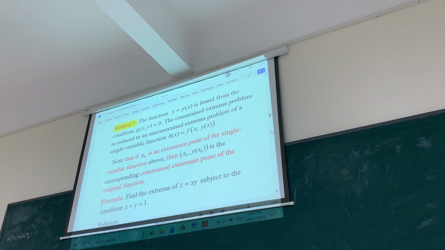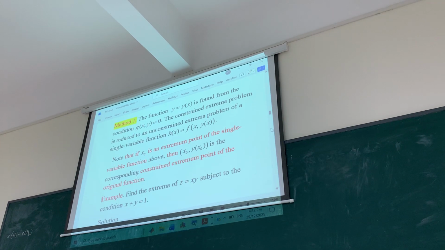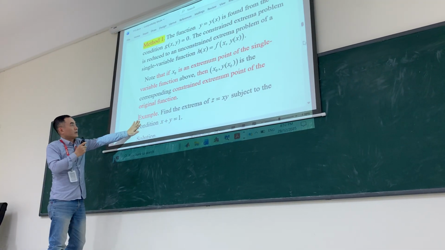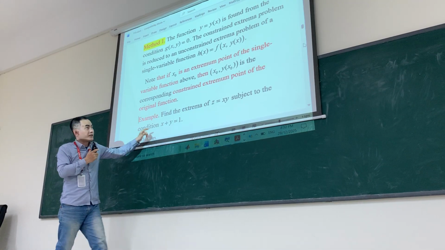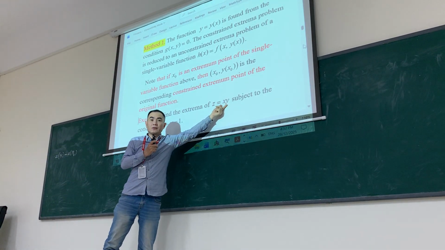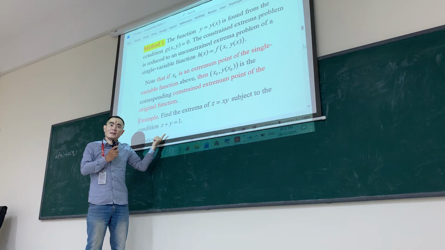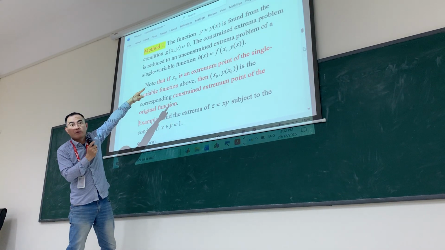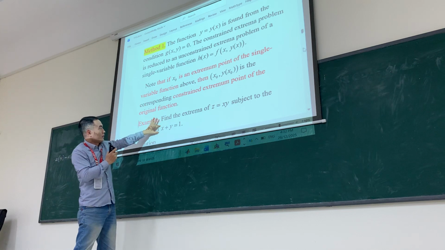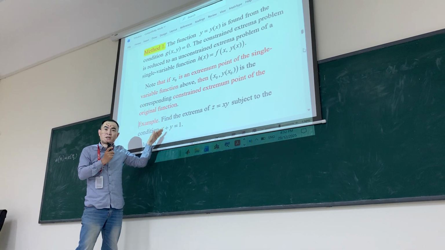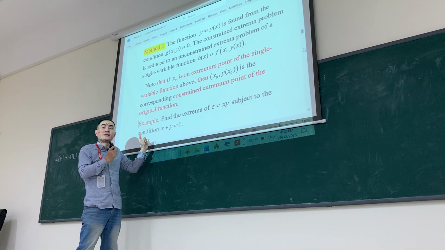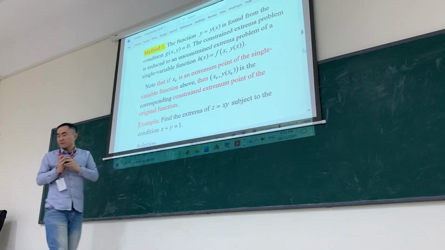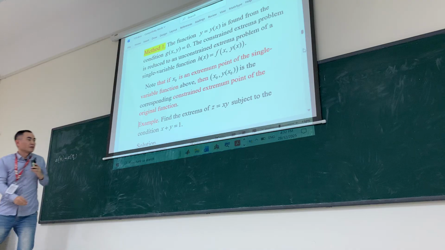Okay? You continue? Now, you can see the example here. The function f(x, y). The function z equals 0. So the condition here corresponds to the function z, where z is equal to x plus y minus 1.